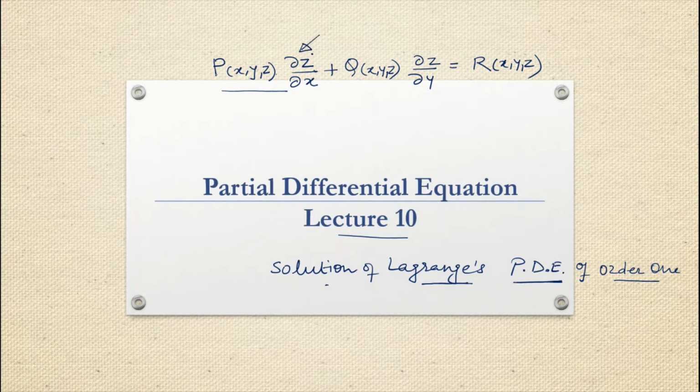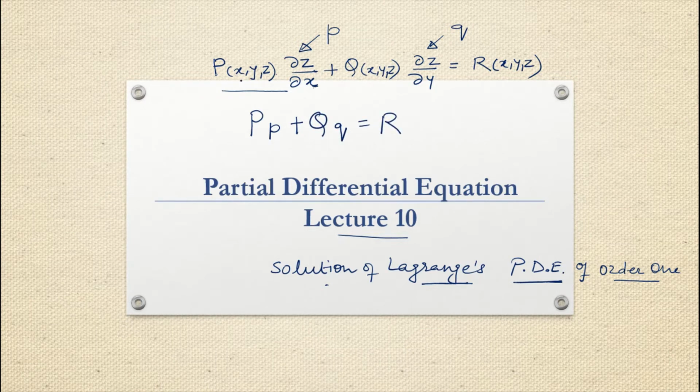Del by del x of z is nothing but the partial differentiation of z with respect to x, and this we write as p. Now we know that del by del y of z is nothing but q. So this same equation we can write in simplified form as capital P times small p, which is my del by del x of z, plus capital Q times small q, equals R.